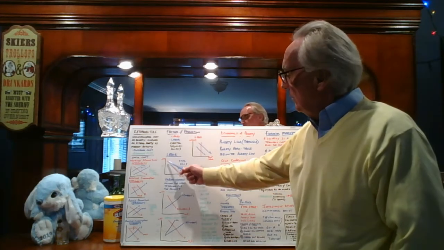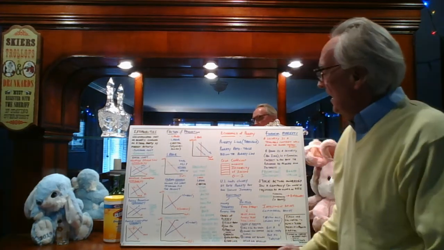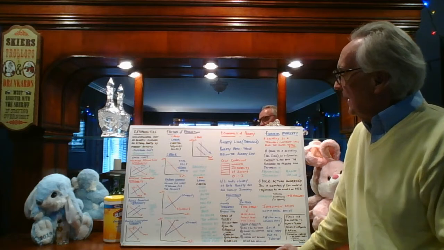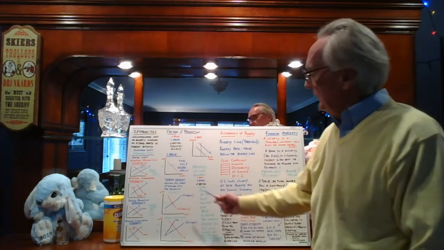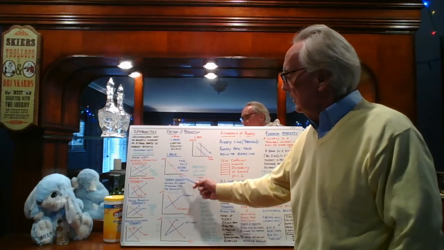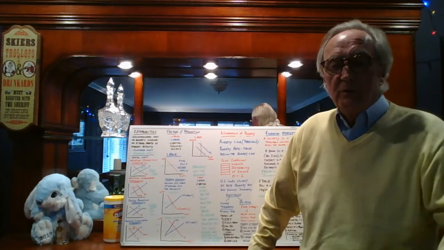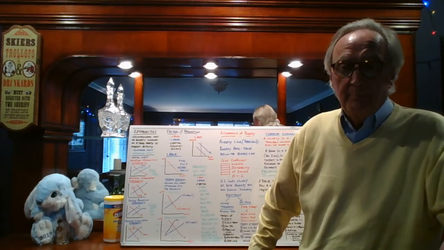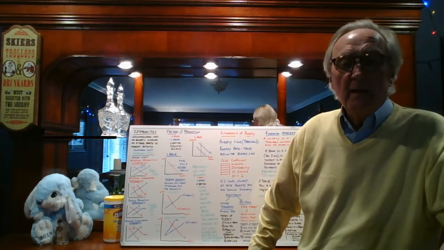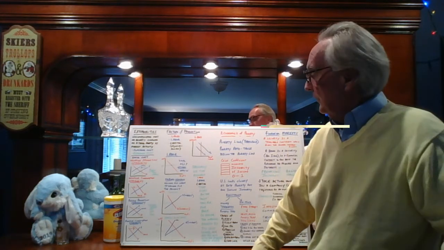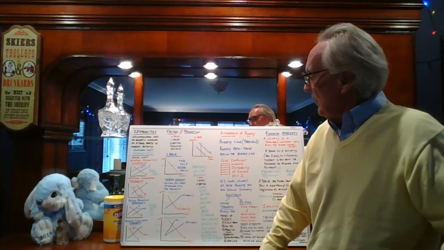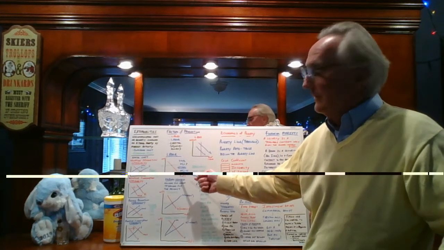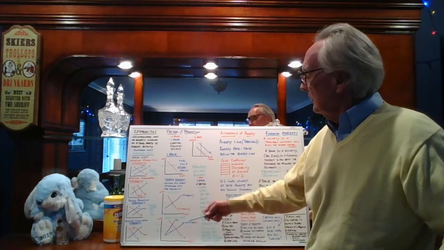We have a downward sloping value of the marginal product for labor, because as we add more and more labor in our operation, you're just getting less bang for your buck. You're getting a diminishing return. Okay, so we have a downward sloping marginal product for labor, or I should say the value of the marginal product of labor. All right?